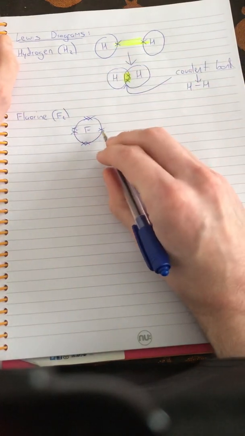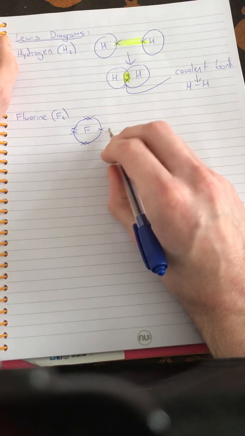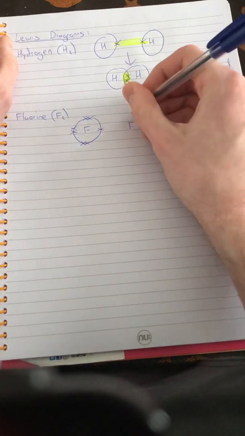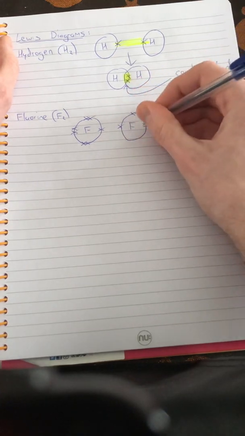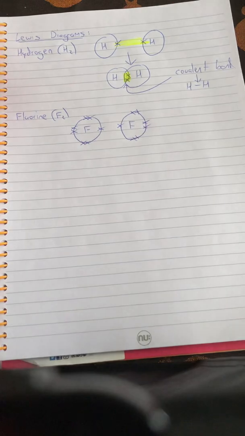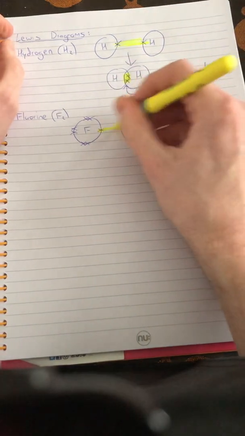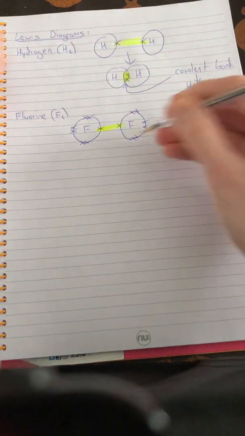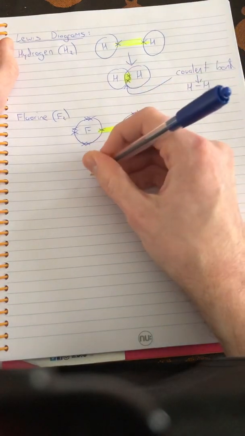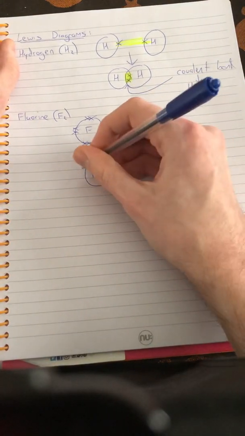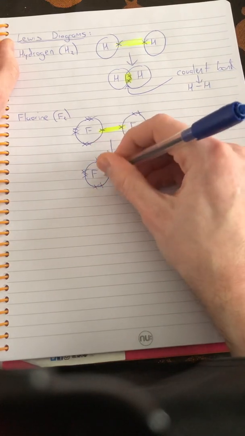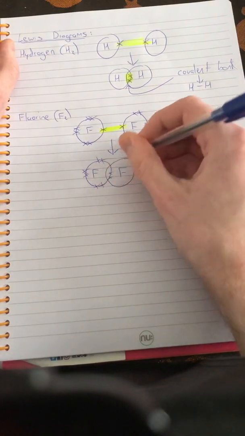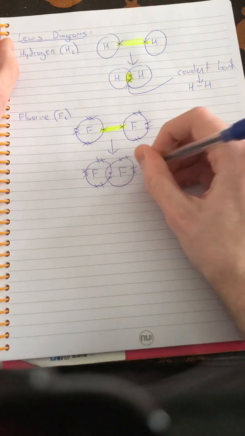Remember, you want to have your single electron facing the other element, so it looks like that. They bond. Remember to do the overlap. And because they're the same element, remember we can just keep them all as X's.